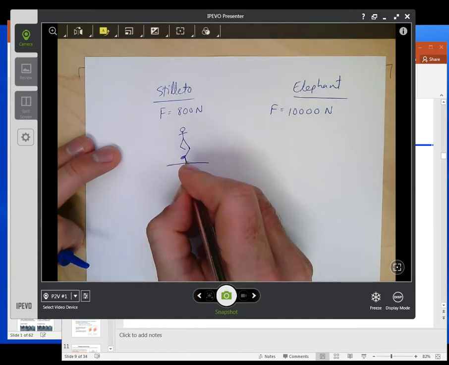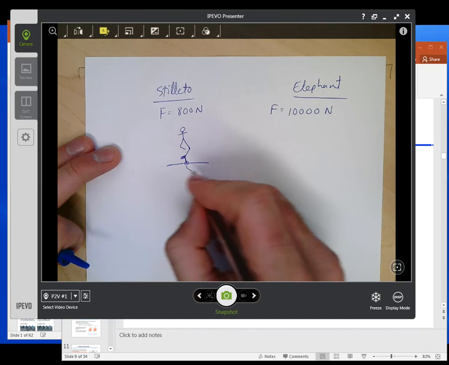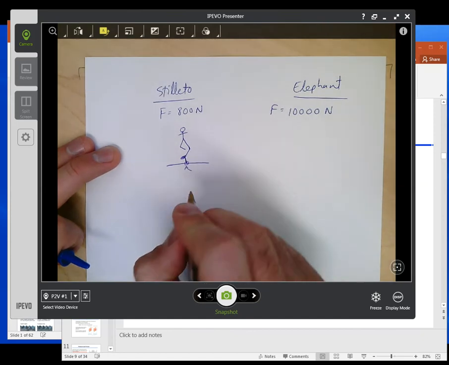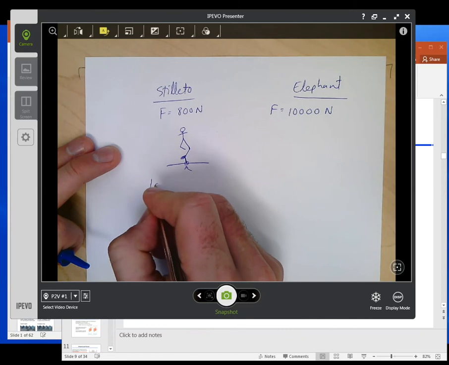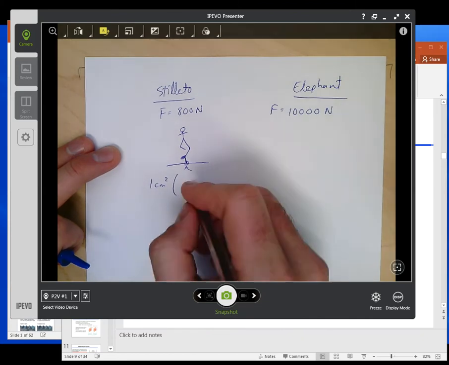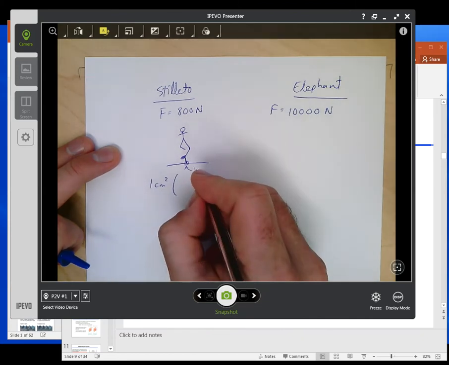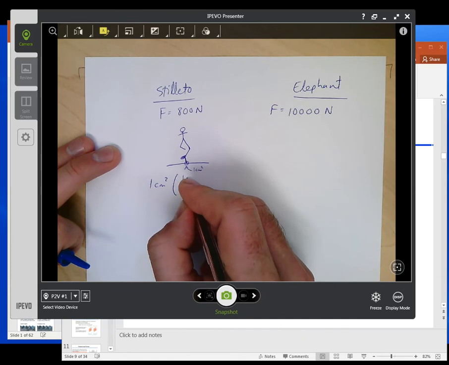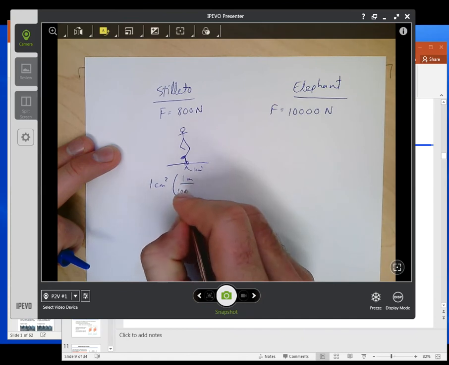And we can say that the area that comes into contact here is going to be 1 square centimeter, let's say. So 1 centimeter squared. We want to put that into meters squared. I know that 1 meter is the same thing as 100 centimeters.